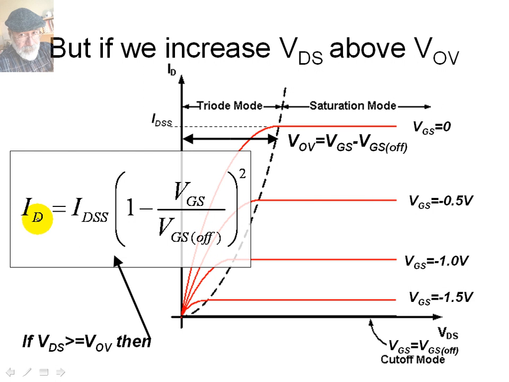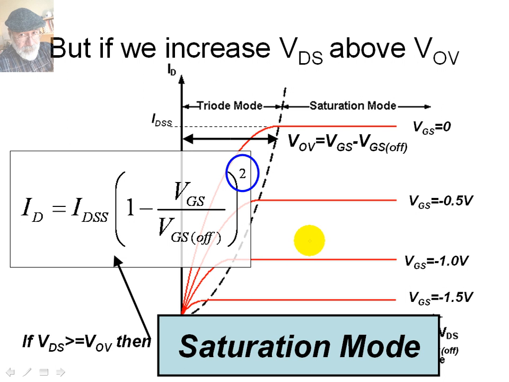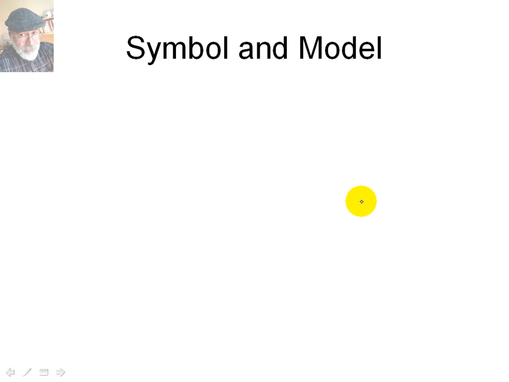So you see that the current depends only on the gate source voltage, but that relationship is quadratic, not linear. This is true as long as VDS is greater or equal than the overdrive voltage. We call this the saturation mode of operation, which is where the transistor amplifies signals input at the gate.